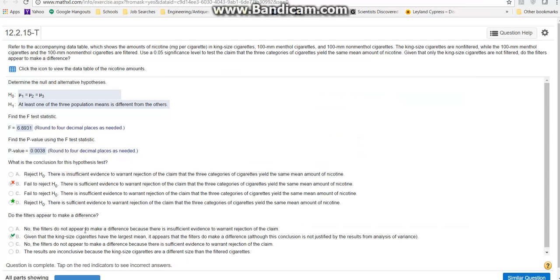So looking at the responses here, given the king size cigarettes have the largest mean, it appears that the filters do make a difference, although this conclusion is not justified by the results of the analysis of variance.